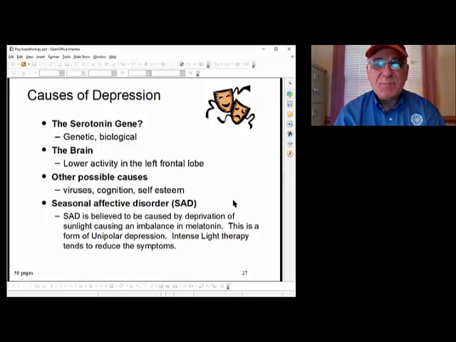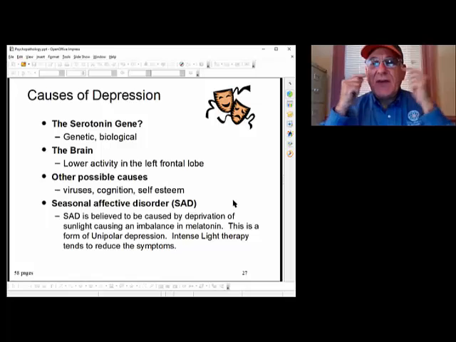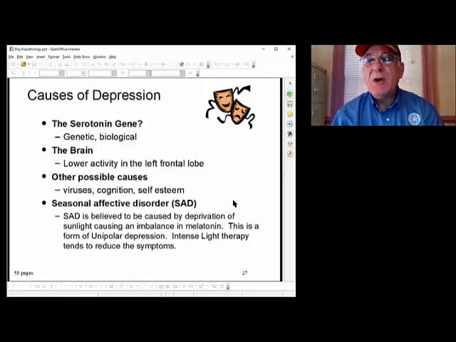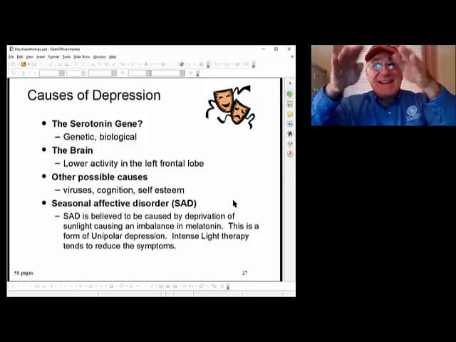And this is believed to be caused by sunlight and the lack of sunlight. When the sunlight hits your eyes, you have a mechanism that produces melatonin. Melatonin helps to raise your emotions to keep you from being depressed. And it's on a spectrum.